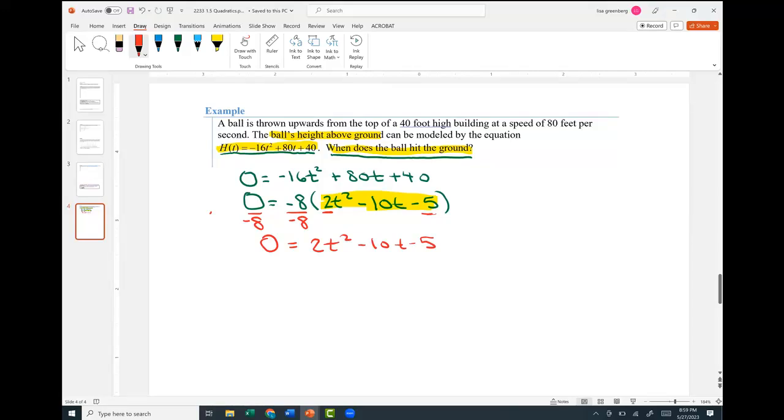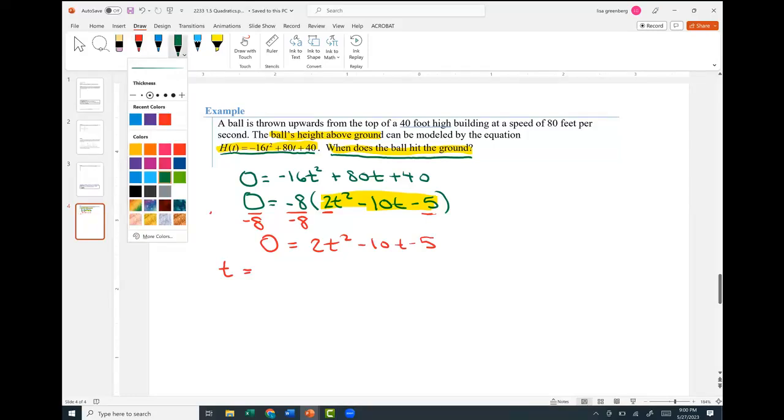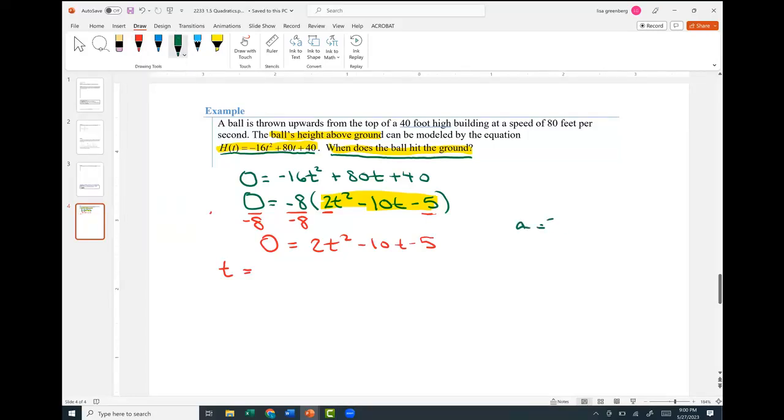Because it equals 0, I can say t is equal to, and over here, I'm going to write a equals 2, b equals negative 10, and c equals negative 5.